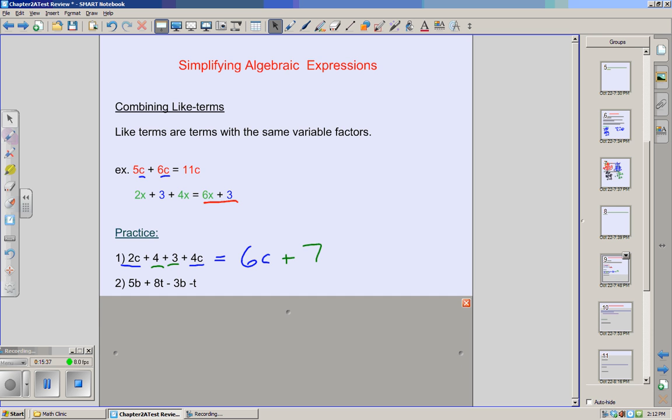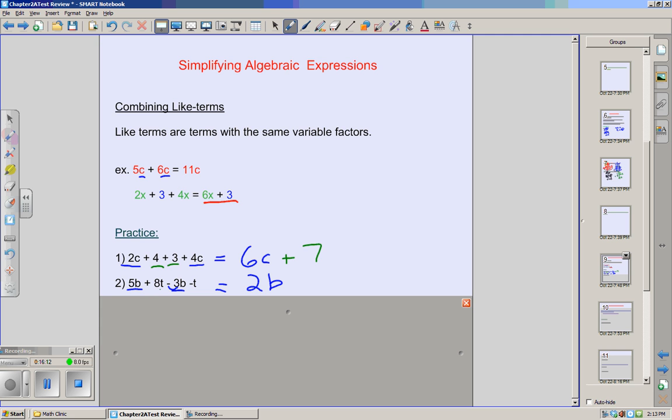For number 2, we can combine the 5b and the 3b. Now, you have to look at the sign in front of the number. In front of the 3b is a minus. So that either makes it minus 3b or a negative 3b, depending on how you like to say it. 5b minus 3b is 2b.